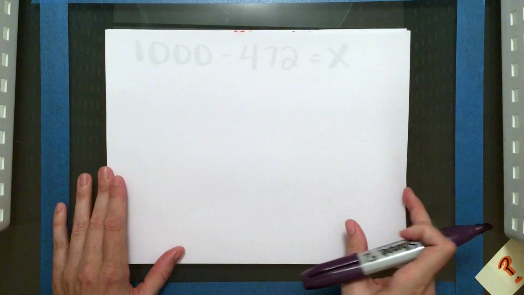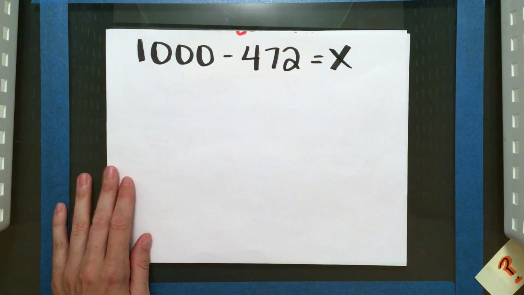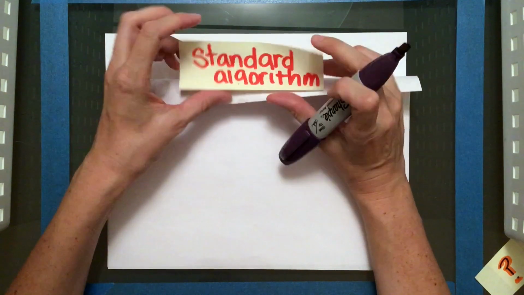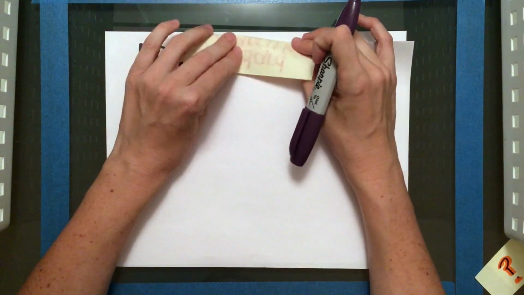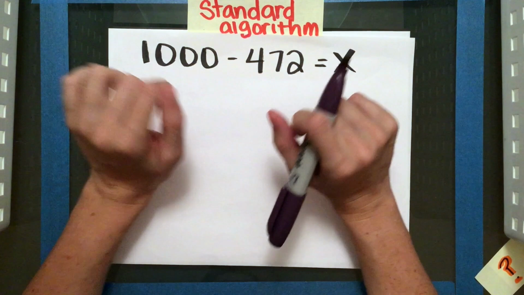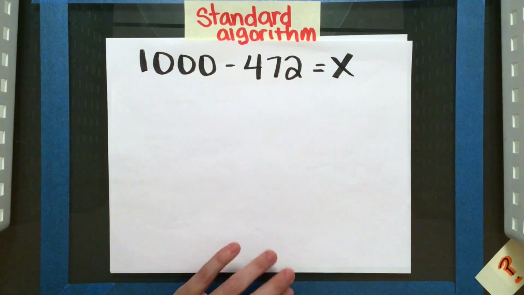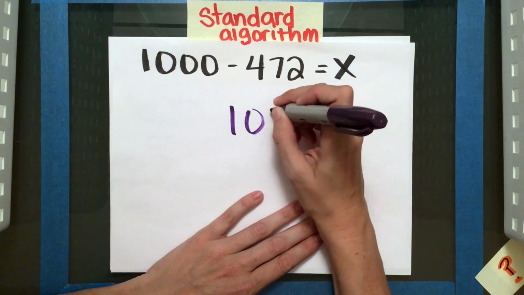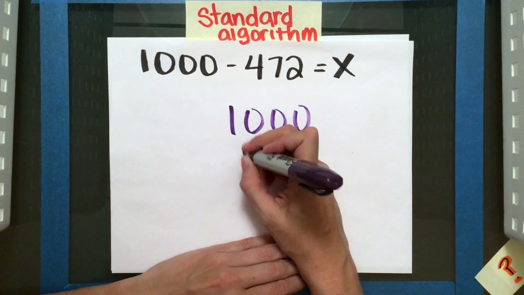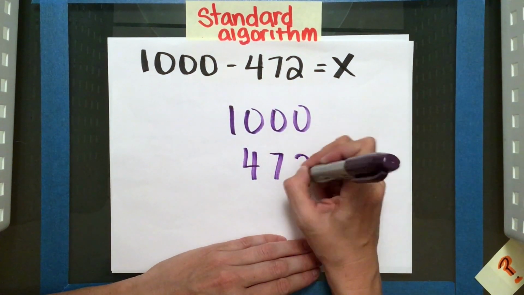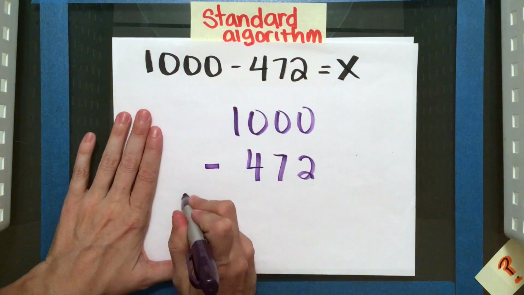All right, so we're going to look at our last strategy, which is going to be standard algorithm. For the standard algorithm, we put 1,000 on top, and we write 472 below that. We're going to be subtracting.